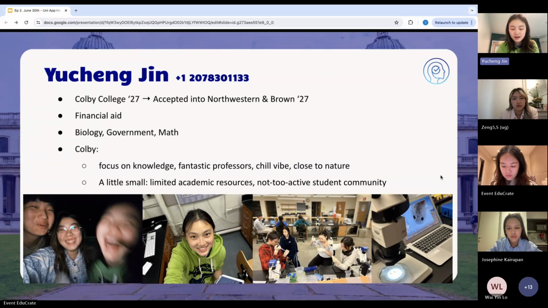In terms of social life, it's really, really chill here. As probably many of you know, most liberal arts colleges are remote from the cities. So basically, we're surrounded by nature. We don't have many other people around except ourselves. And the school is not big either.